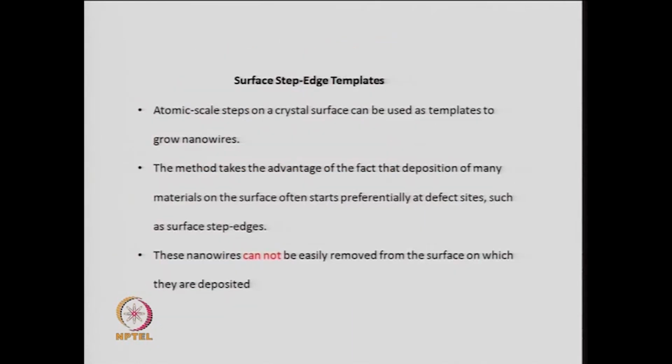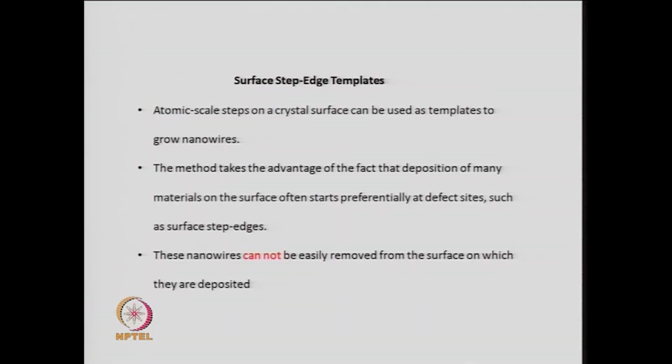Now, there is another method by which people grow nanowires. This is called the surface step edge template method. When you have crystal surfaces, there are some steps or kinks, and these can be used as templates.